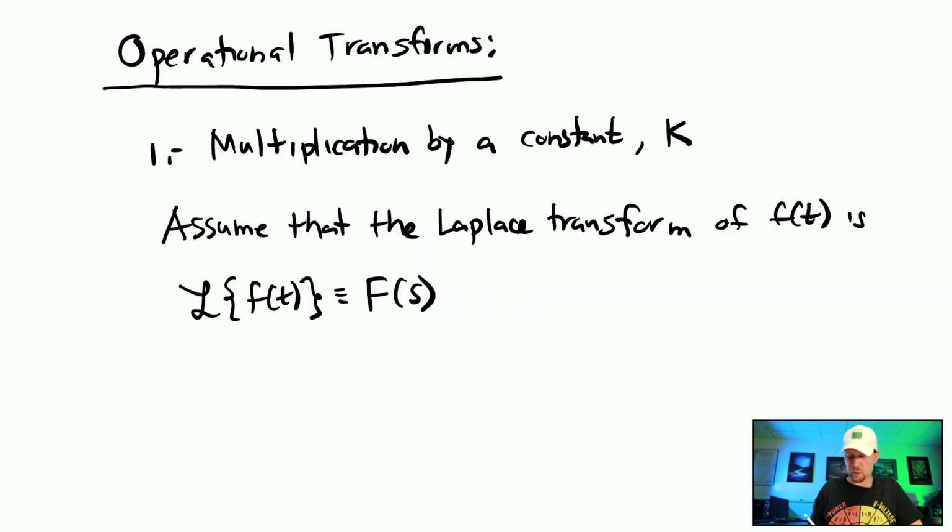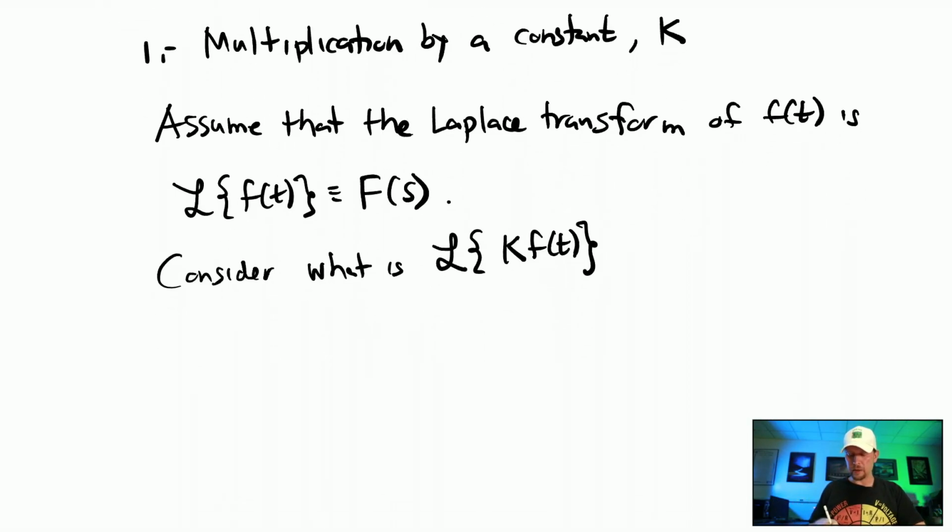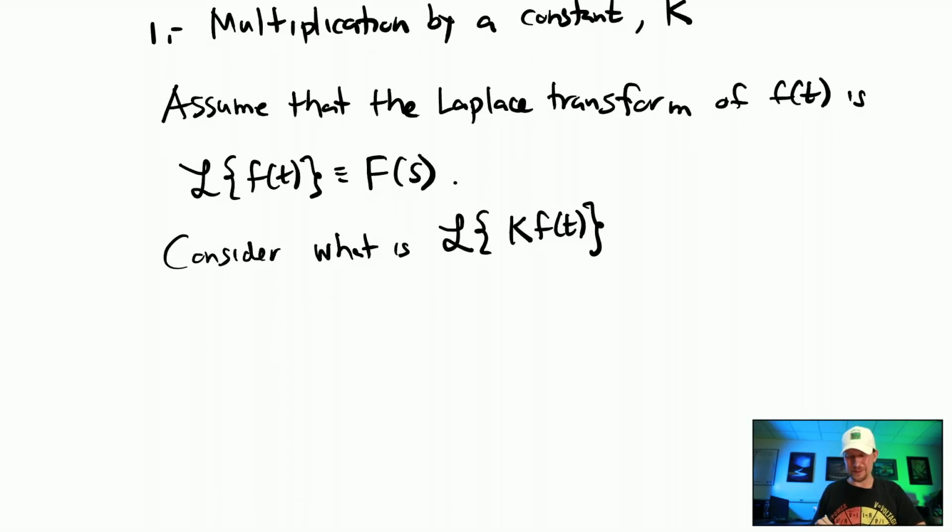Then what I want to do is consider, well, what is the Laplace transform if I had taken a constant k and multiplied by f of t? So what I'm doing is taking f of t and essentially scaling it, and I can scale it up or down, right?